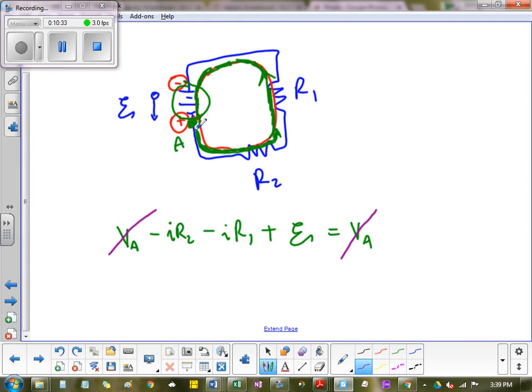There's no potential change. Which tells us something, that if you go around a loop like this, you hit every component and you adjust the potential as you go, you should get 0 in the end on the right every time. So this rule was kind of labeled as Kirchhoff's rule.